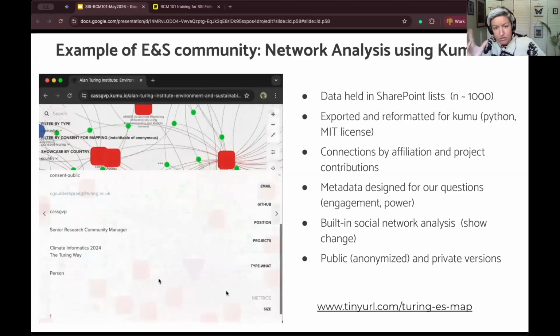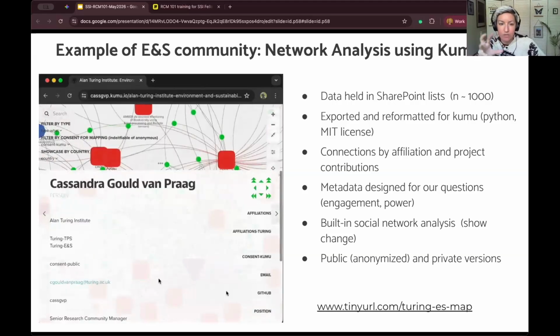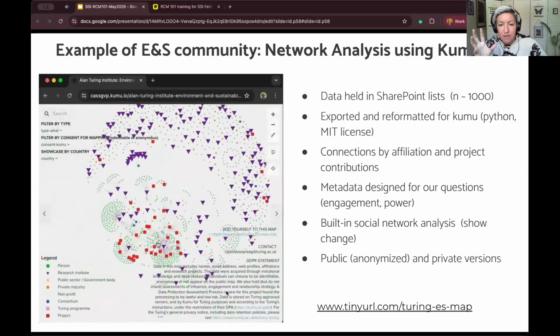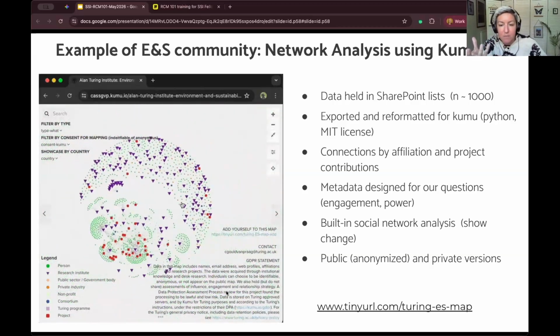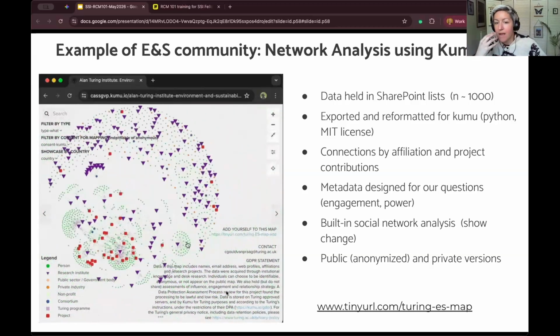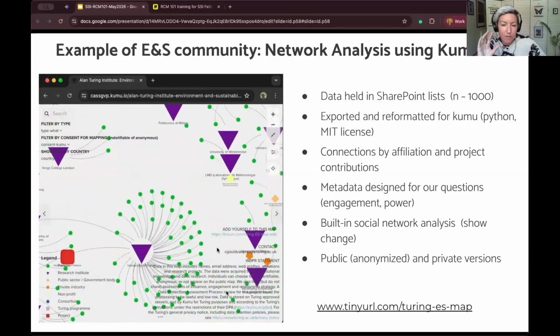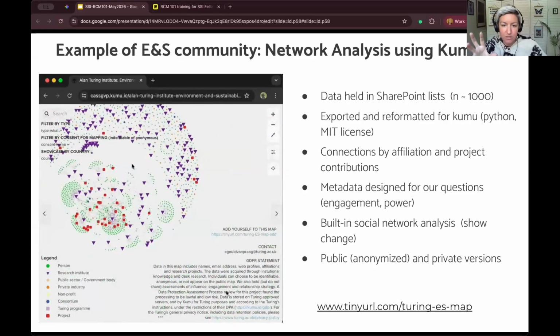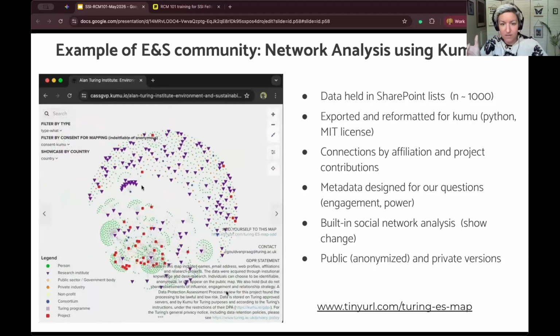For the public version, people really liked the idea of being able to position themselves within this community and visualize themselves as a member of this space. And for leadership, people really liked that there was a tangible representation of a community that they could put on graphs and slides.